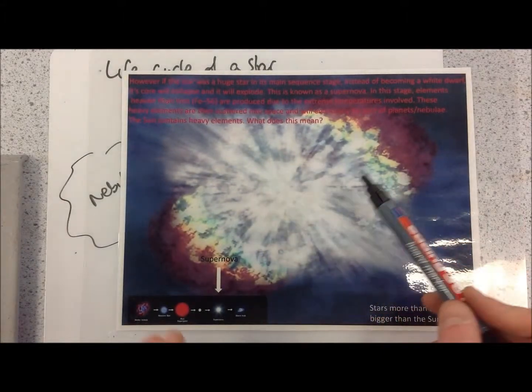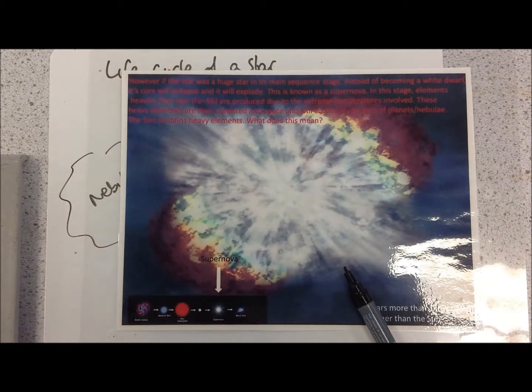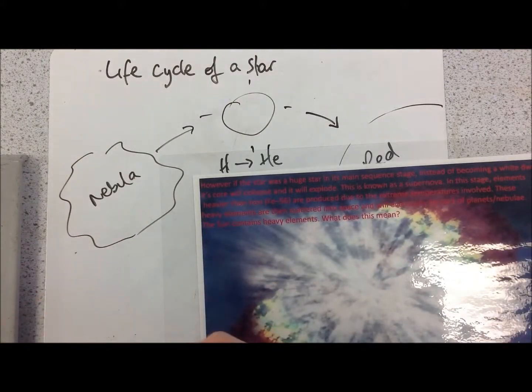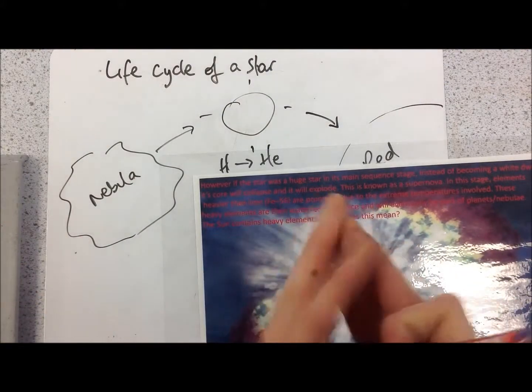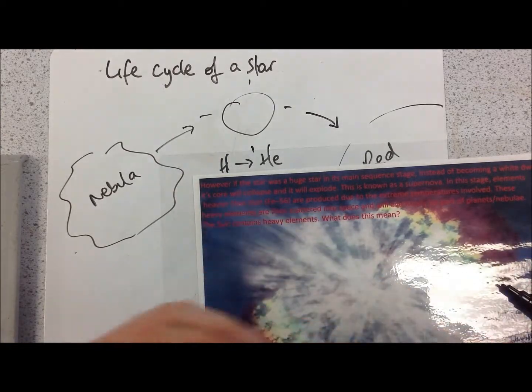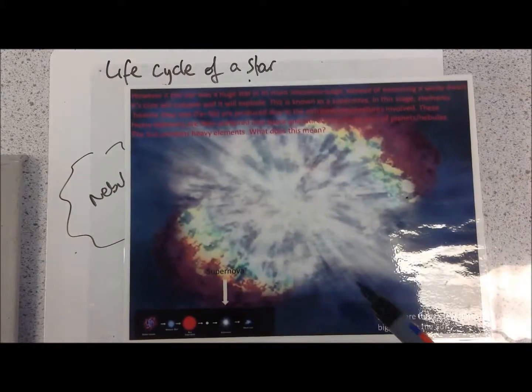when it collapses in on itself, the temperature will get so hot and everything will be moving so fast that things will be moving fast enough to overcome any positive repulsion. So the nuclei of all these different elements will start to combine, and it's in this stage where heavy elements are made.